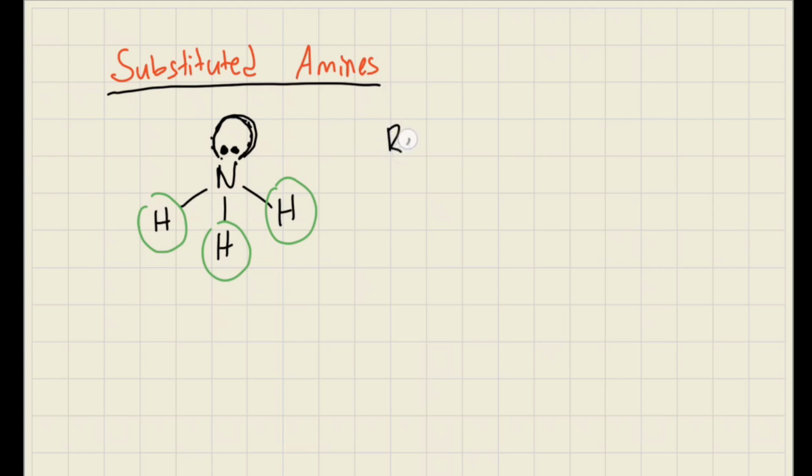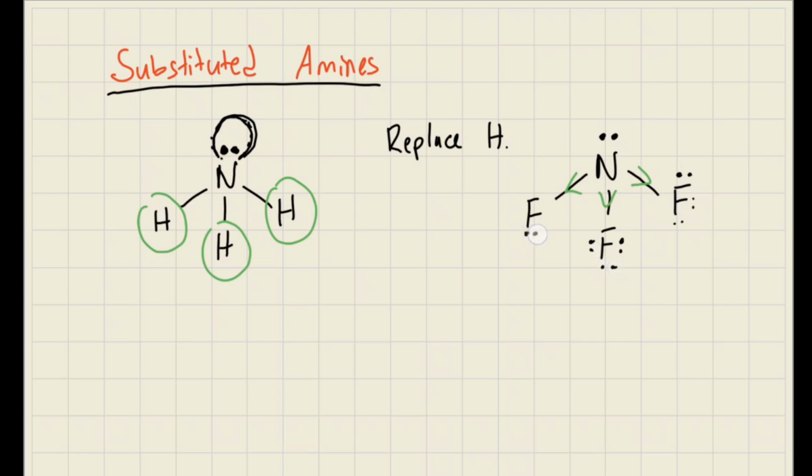We can replace the hydrogens, for instance, with an electronegative atom. So in this case, we have an electron withdrawing group, right? Electrons will be taken by the fluorine atom. Since fluorine is very electronegative, I can put the electrons on the fluorine to make the Lewis dot structure correct.